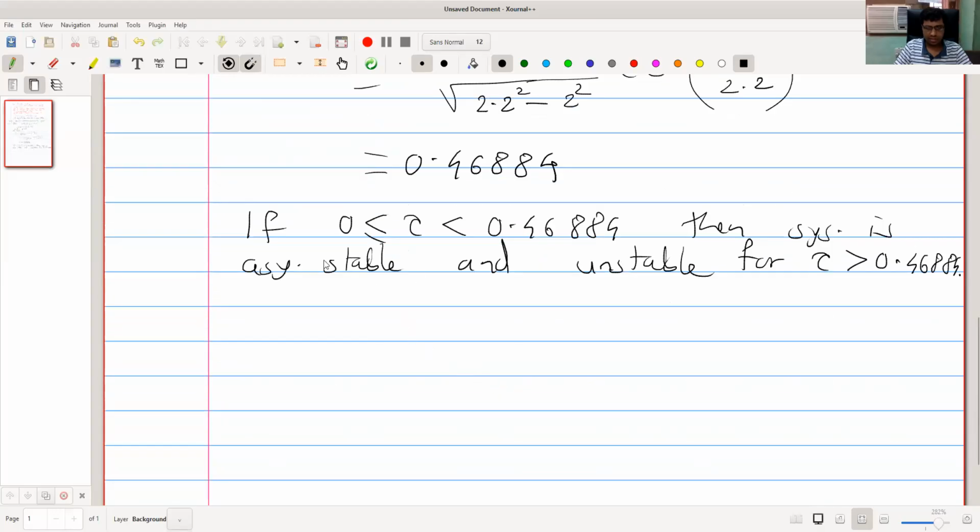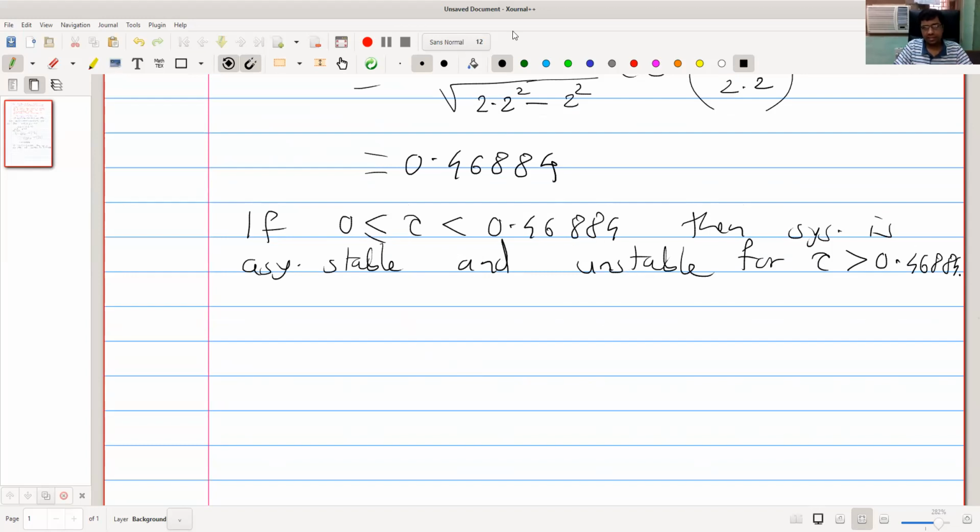So this is our result. The system is stable for tau between 0 and tau star, and unstable for tau greater than tau star. We can verify this using Wolfram Cloud.